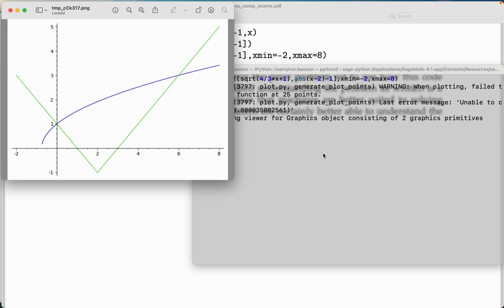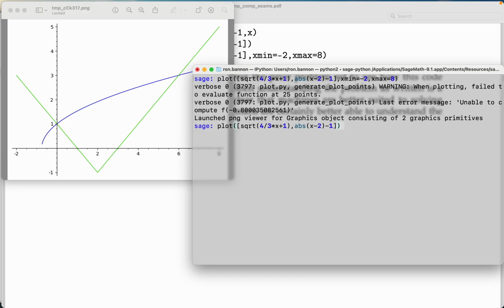All right? So I want to point out the original problem that I was trying to do. I was trying to solve when the square root function is less than the absolute value function. Looking at it over here, I know it's less than over here, and it's also over there.